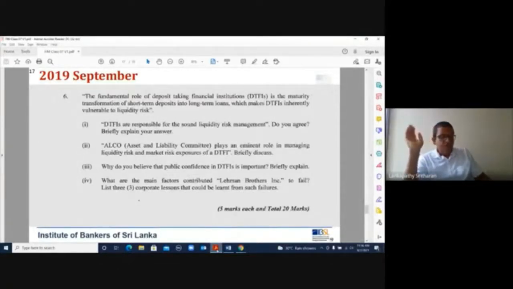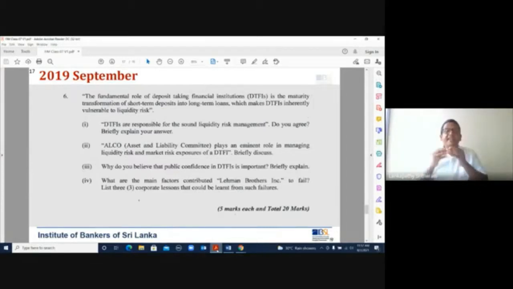This ALCO is a decision-making committee to manage the assets and liabilities of the bank. It manages the liquidity risk as well as market risk of the particular bank, particularly the interest rate risk of the banking book, and it has certain responsibilities.